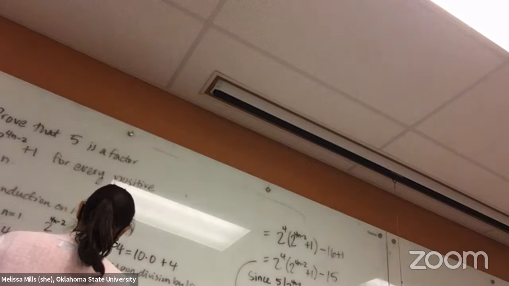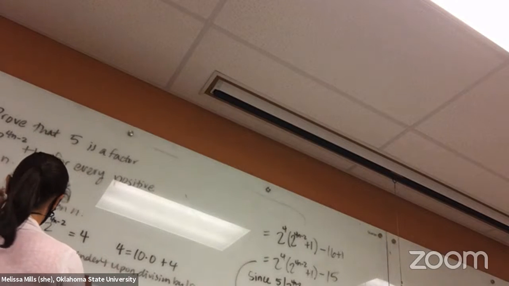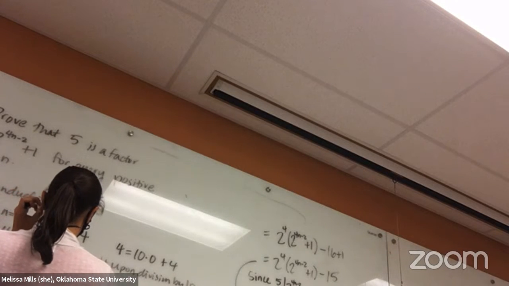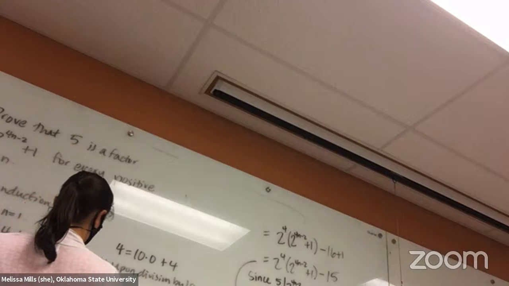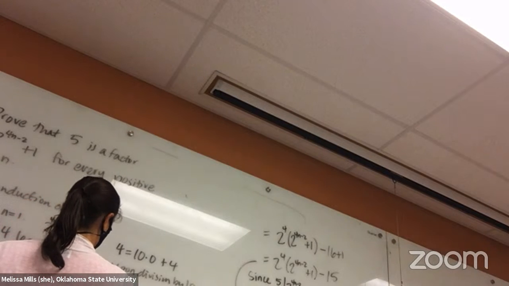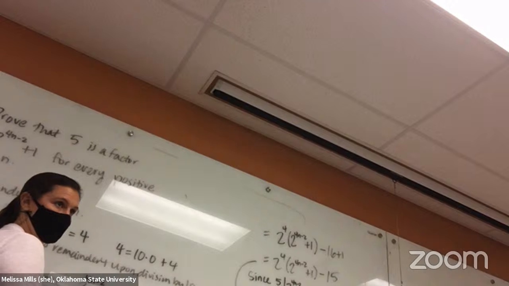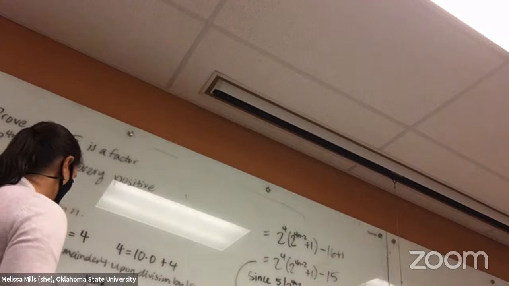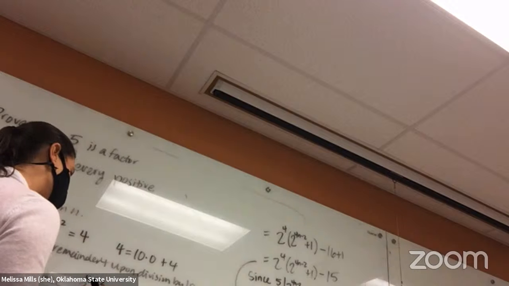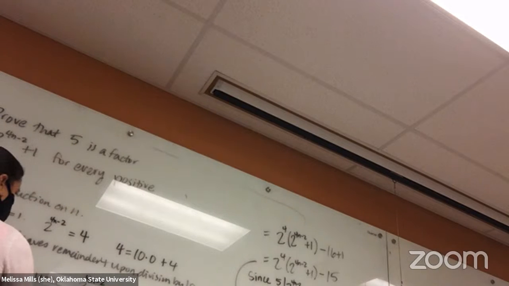Okay, so let's assume that 2 to the 4n minus 2 is equal to 10q plus 4. Maybe we'll call it q1 because that's a specific q. Then, what can we say? Then 2 to the 4(n+1) minus 2 is equal to what?